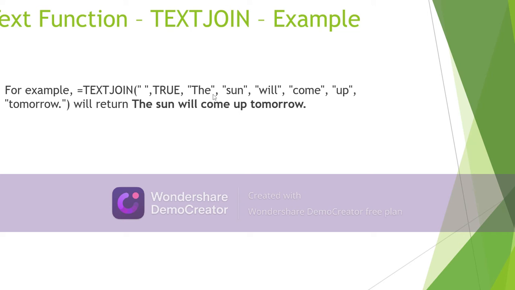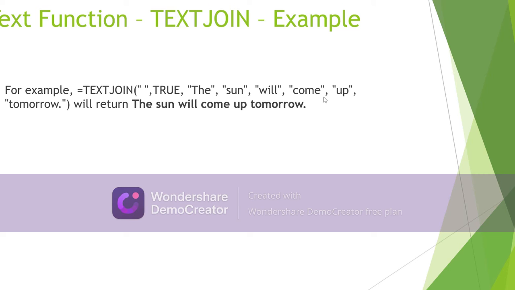And then that's where you start stringing together your words to form that sentence. Same thing here, kind of like with concat, you have the quotations, you have the comma, and then the next word in quotations, and then the comma.